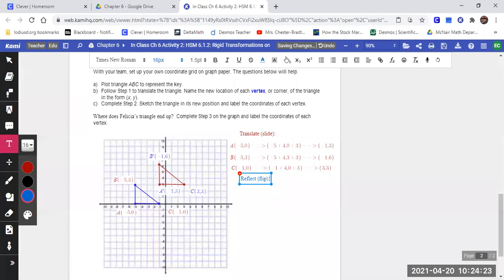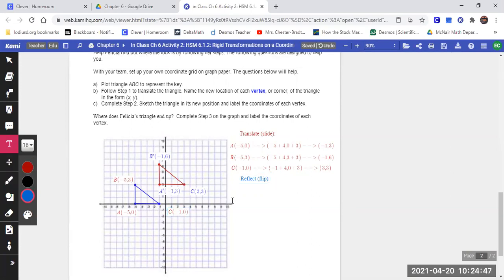Is the paper folding top to bottom or left to right? If I fold it on that X-axis, which is the one that's going sideways, is my paper folding top to bottom or left to right? Okay, and one of the ways we know, because remember, this line right here is my x-axis.